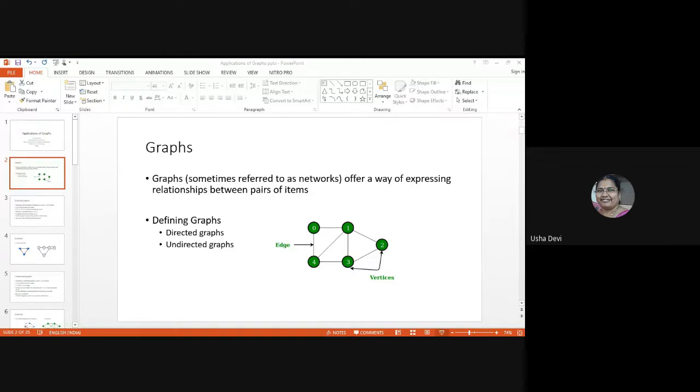That's why it comes under an unordered pair. It should not have any self loops, since there is no direction specified. It should have only symmetric relationships, and these graphs represent symmetric relationships. What does it mean?